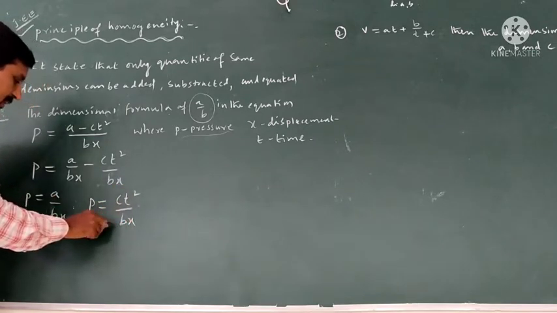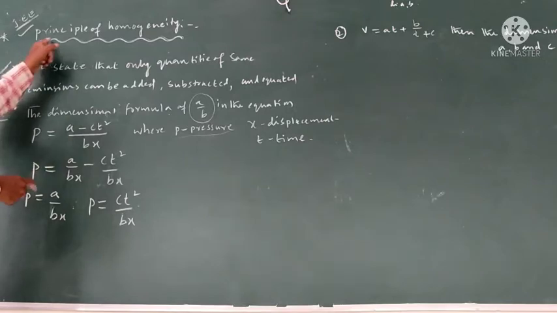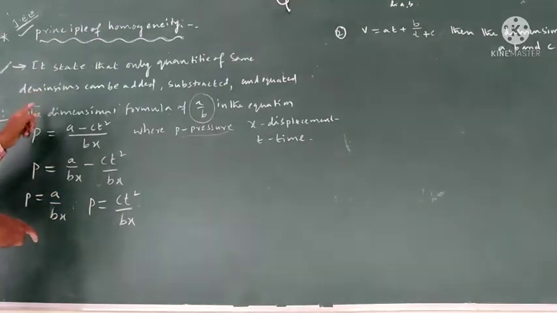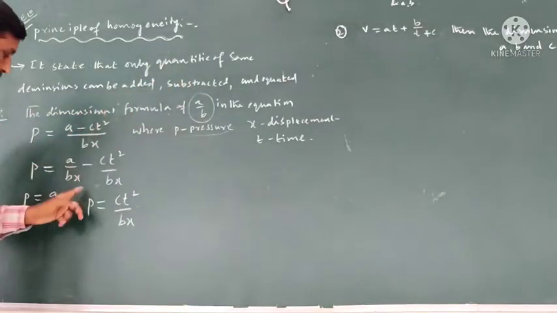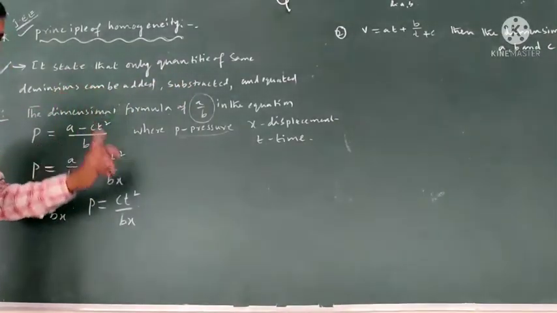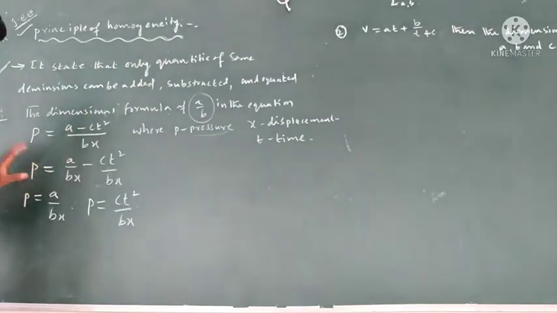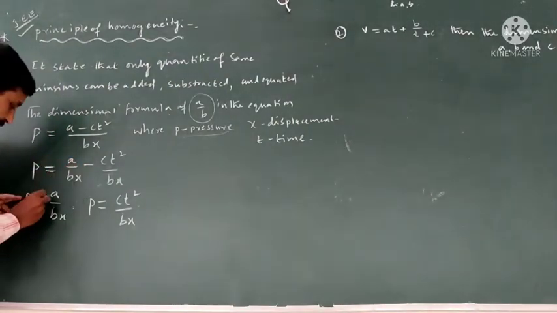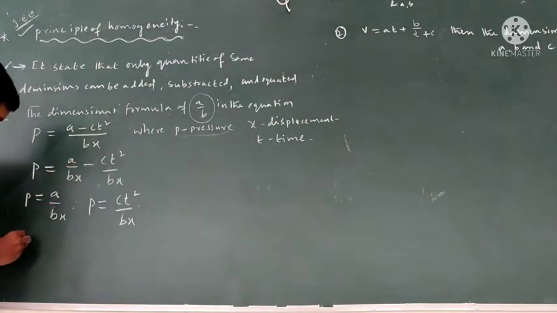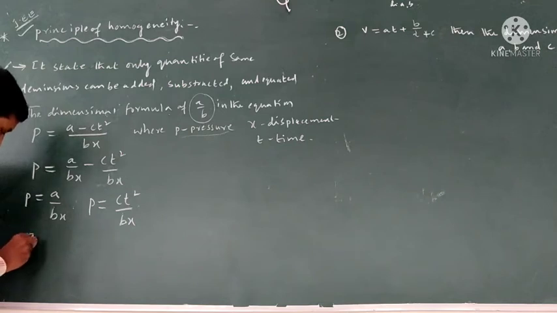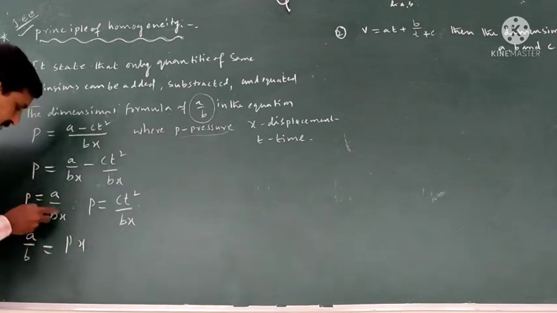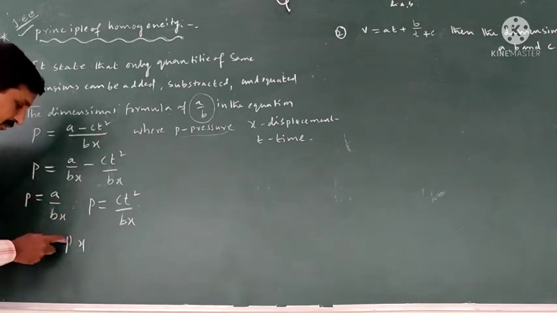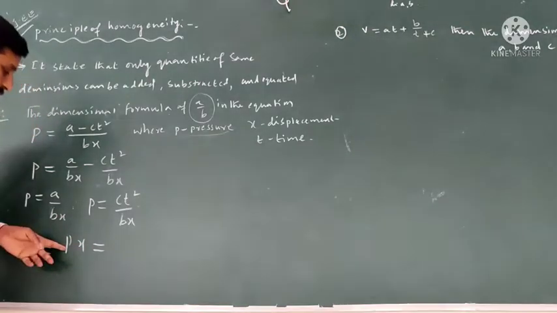By the principle of homogeneity, if we have the same dimensions, we can subtract, add or equate. So A by B is equal to P into X, sending the X this side. P into X.